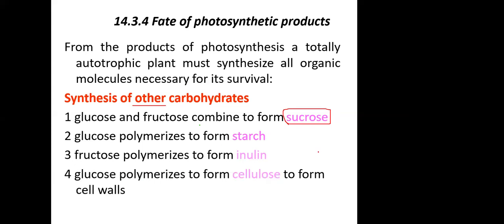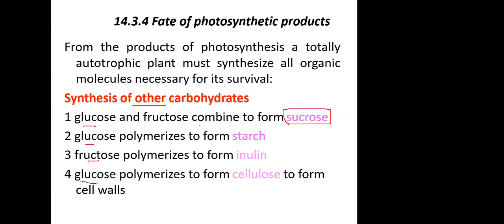And then glucose may also polymerize to form cellulose, which of course will form the cell walls. Now, remember, this is beta glucose. Okay, this is beta glucose. These are alpha glucose.